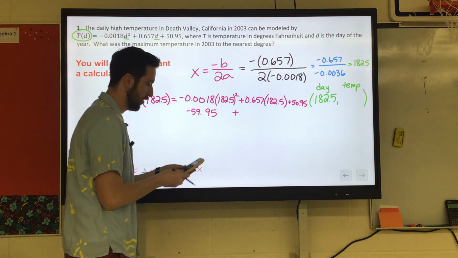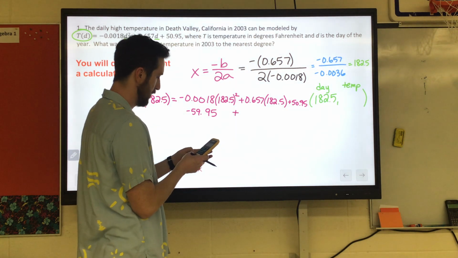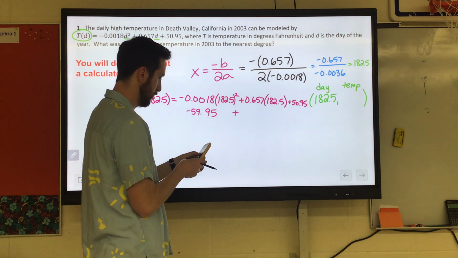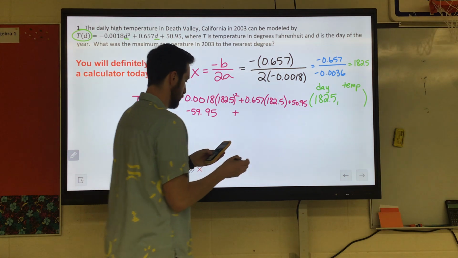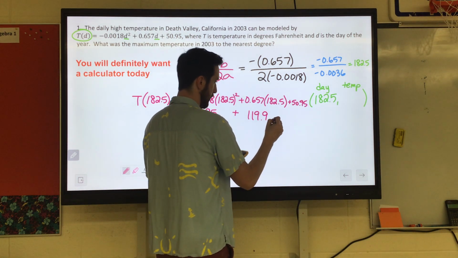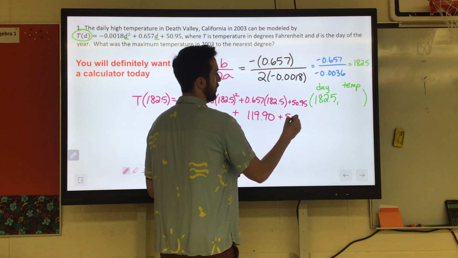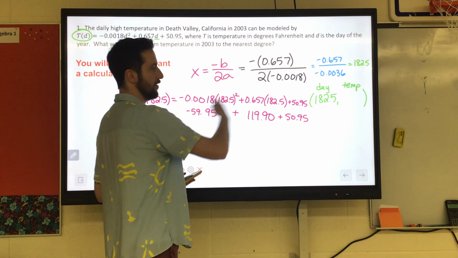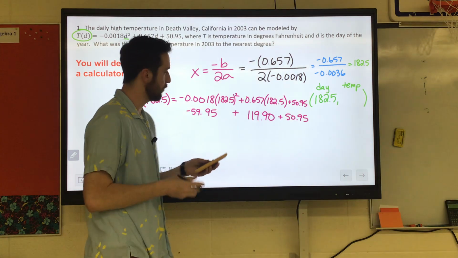You could see each part. Let's see, 0.657 times 182.5 is 119.90. Now, I rounded. If you're doing exactly this in your calculator, it might be slightly different than mine.